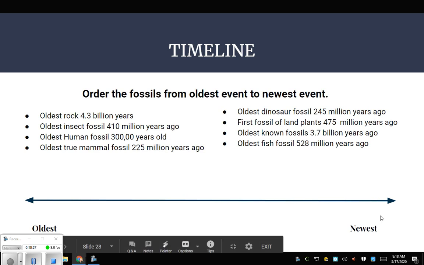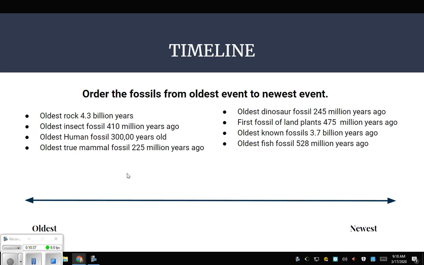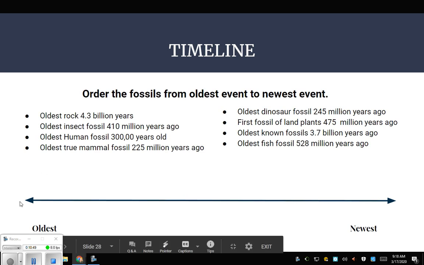If you look at the timeline, it gives you the dates. The oldest rock is known to be 4.3 billion years old. So you're going to put that over here on the oldest rock.